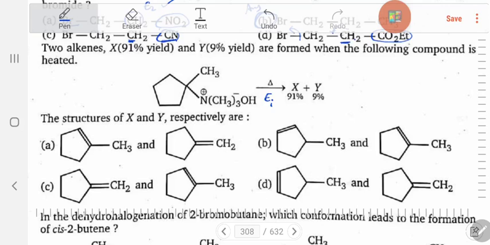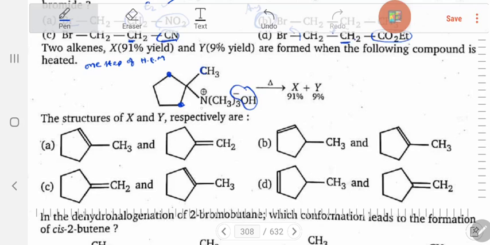This is one of the steps of Hofmann exhaustive methylation. So the last step in Hofmann exhaustive methylation. So this OH minus will abstract beta hydrogen. So this is beta carbon, this is beta carbon, this is beta carbon. Already we discussed it.